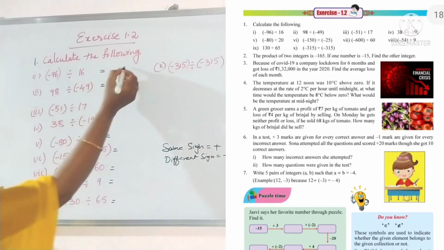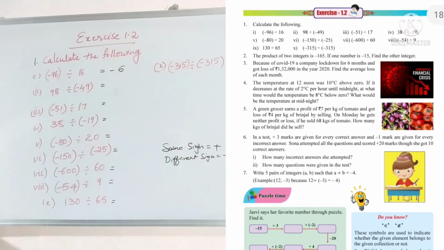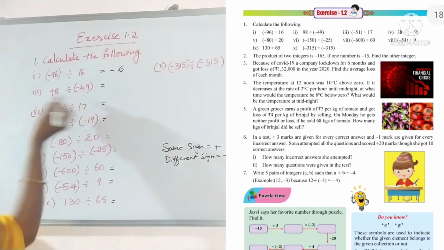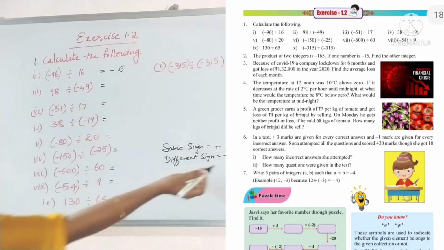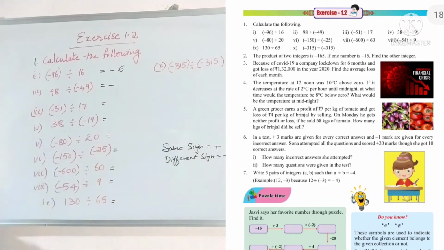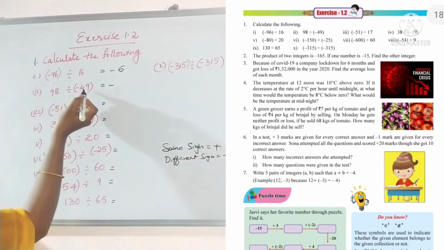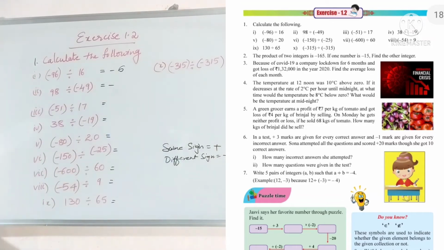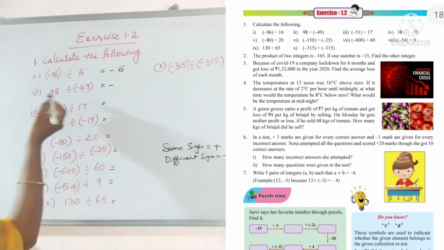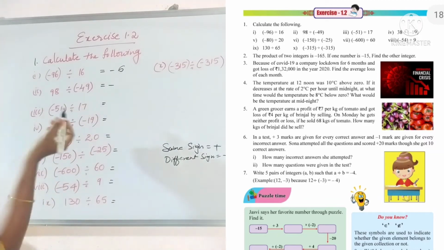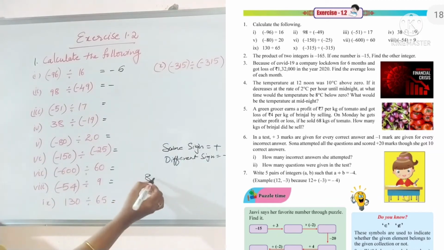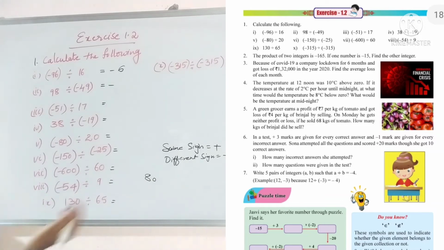So it is minus 6. Here you see both the integers have different signs. So the answer is negative. 49 twos are 98. 4 twos are 8, 9 twos are 80, so totally 98. So minus 2.